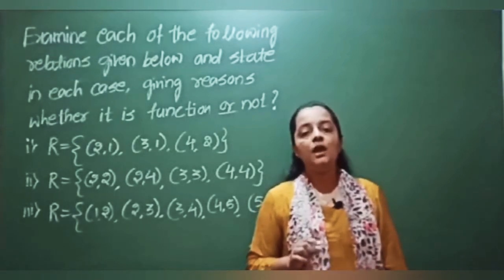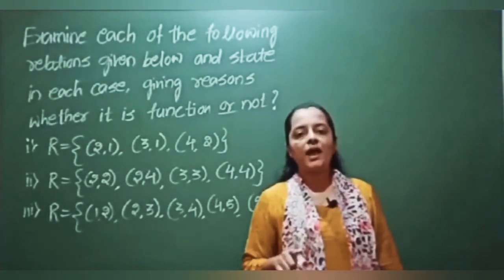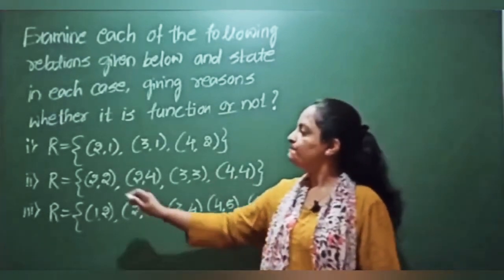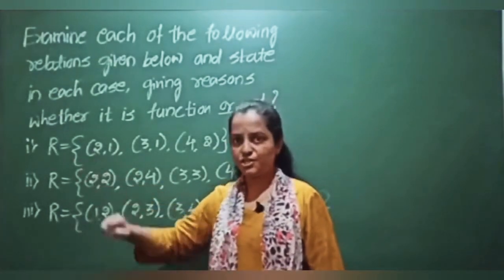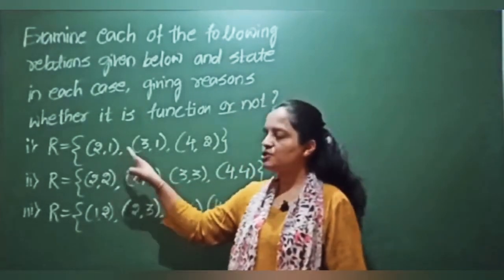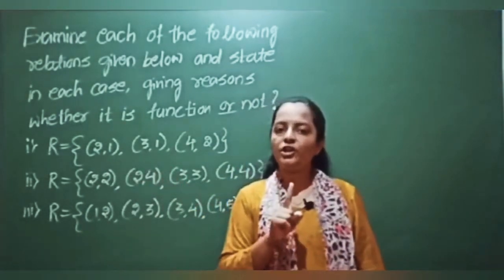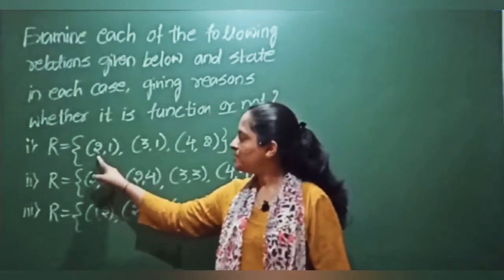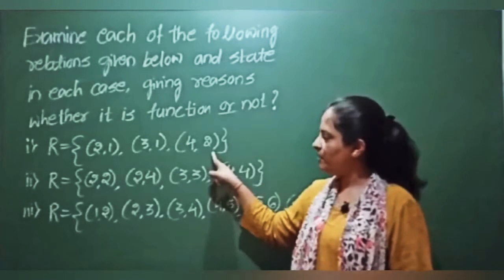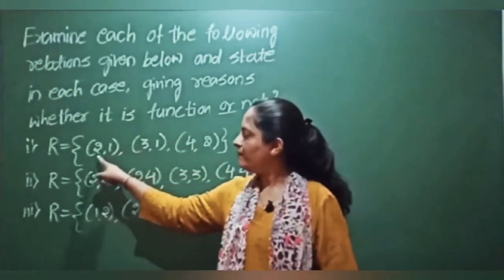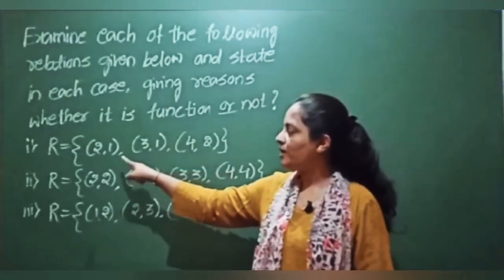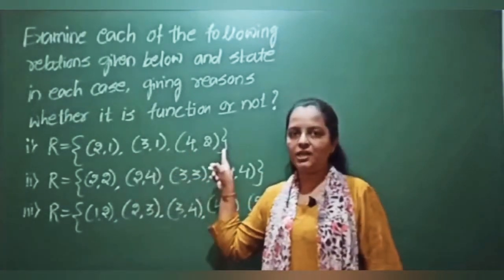Now the domain of this relation has the elements 2, 3, 4. All the elements should have an image, and that too a single image. 2 has image 1, 3 also has image 1, 4 has image 2. So each and every element of the domain has one and only one image in the codomain.